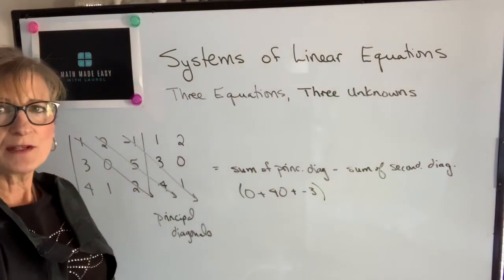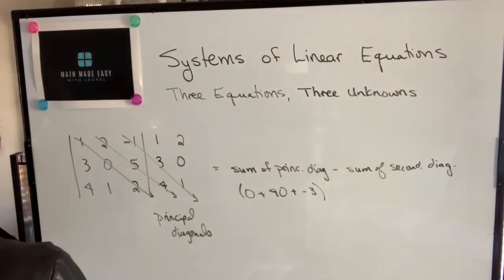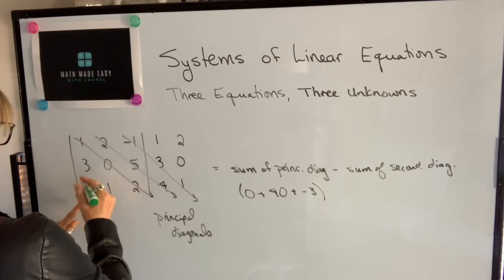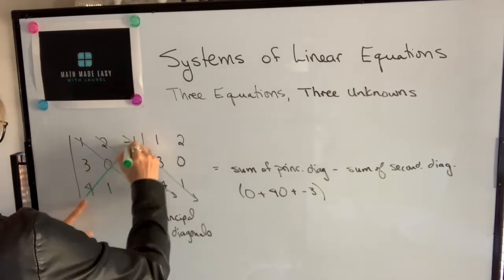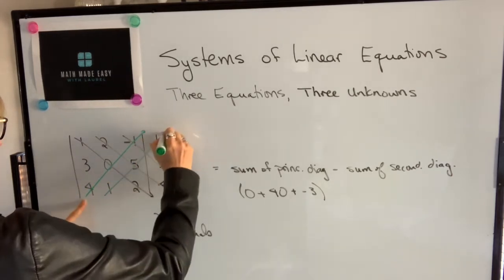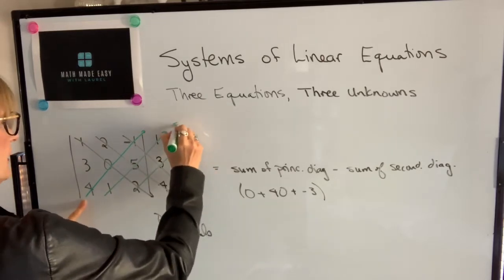We're going to do the same thing with our secondary diagonals, and the secondary diagonals, you would start in the bottom left and diagonal up. So there's our three secondary diagonals.